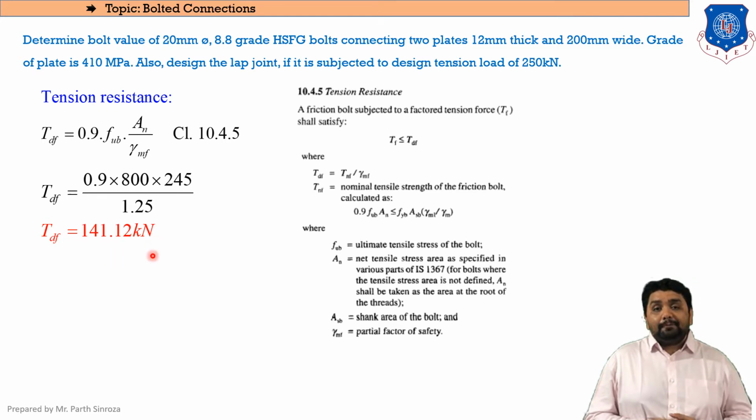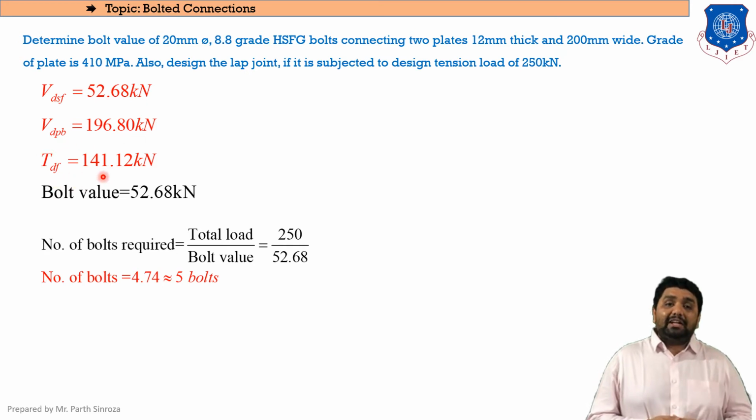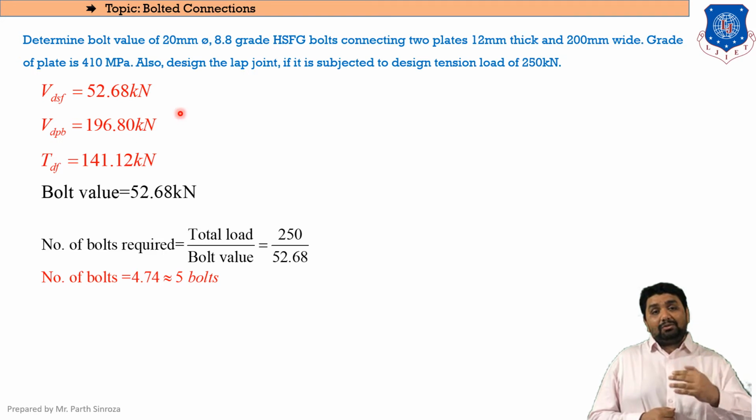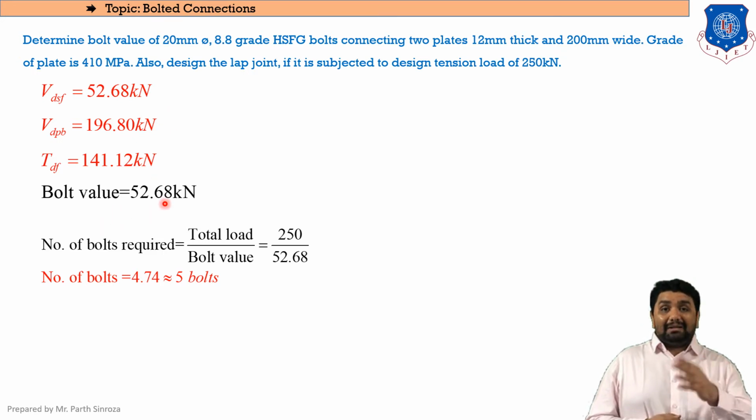So taking a summary of all three loads that we have calculated, the first was Vdsf, that was our slip resistance, the second was bearing capacity or the bearing resistance, and the third was tension resistance. Out of these three values, the smaller value will be that of slip resistance.